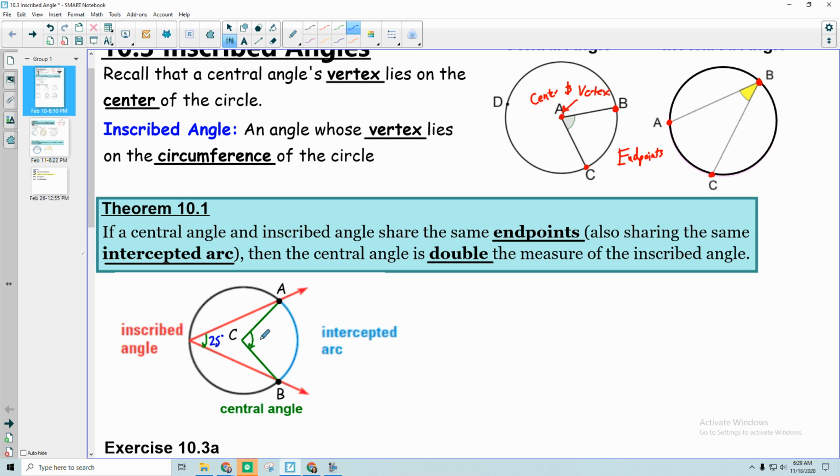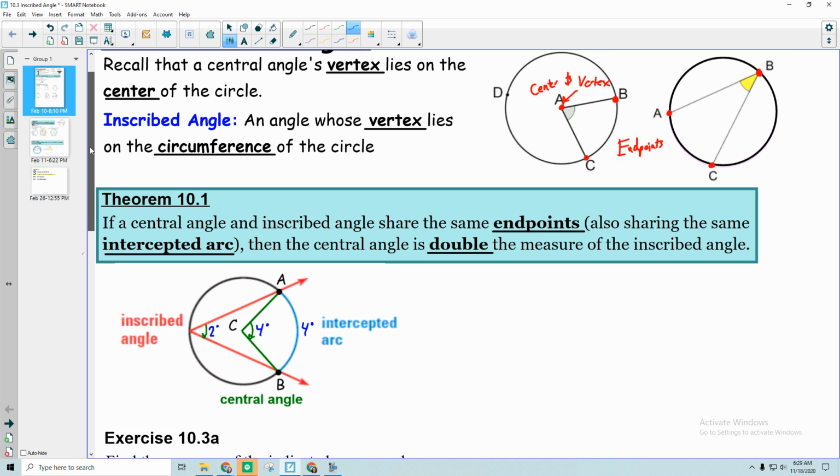It should be double, so that is 50, and our intercepted arc is also 50. One more example: if this was 2 degrees, then this would be 4 degrees, and that means this would be 4 degrees as well. Hopefully you can see the relationship between both of those angles and the intercepted arc.